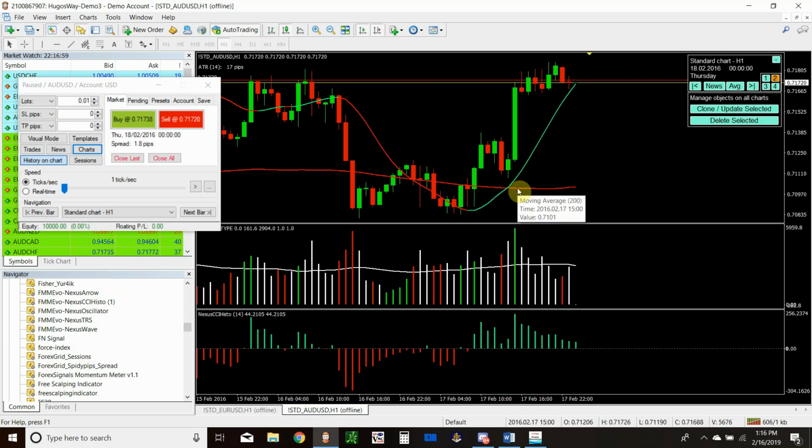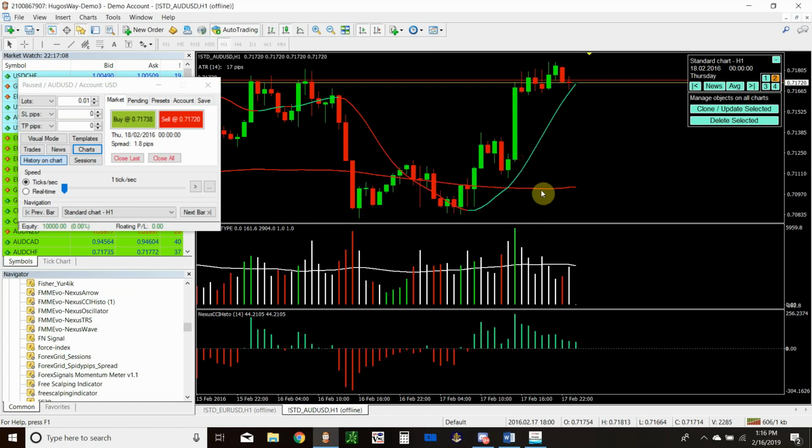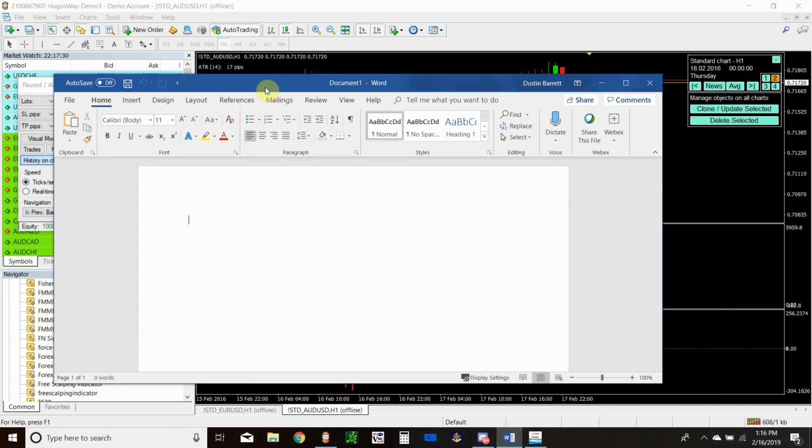Maybe we'll remove this 200 moving average for now and see how it goes without that. Let's just go by this whole moving average. So if we've got green on the whole moving average, we'll enter long. If we've got red, we'll enter short. And then of course, green for the volume. So let's type up some rules here that we're going to try out.